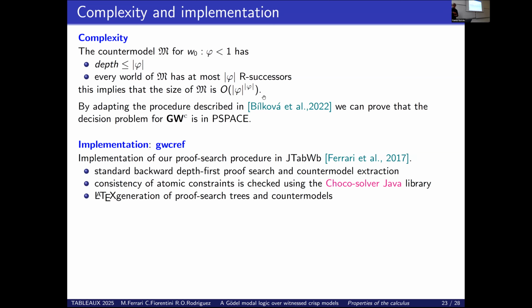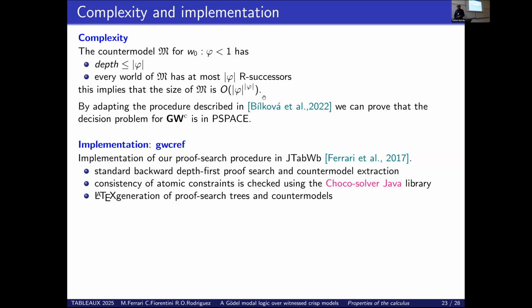It's also easy to see that the depth of the model is bounded by the size of the formula, and also the number of possible successors of every world is bounded by the size of the formula. We can prove that the validity problem is in PSPACE.